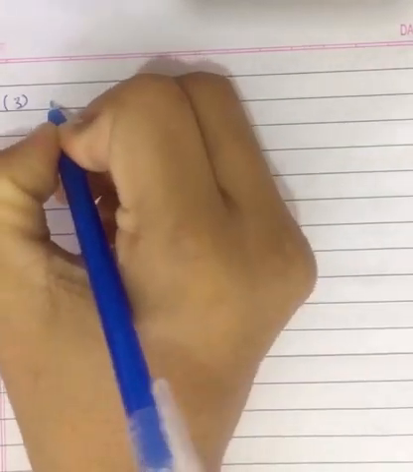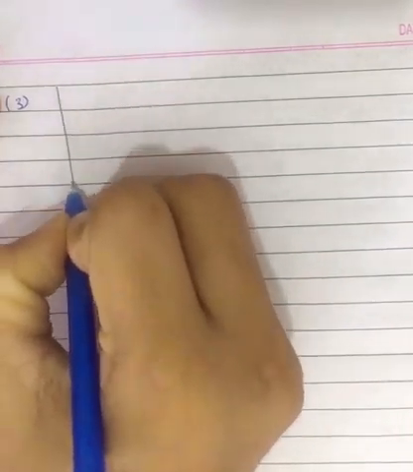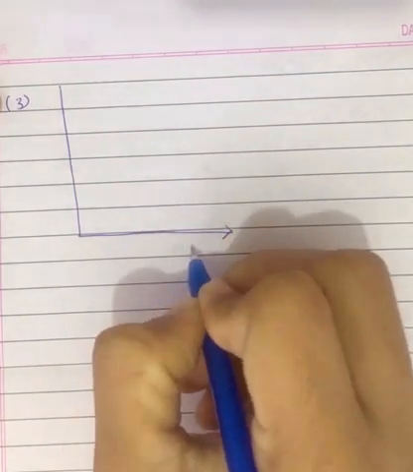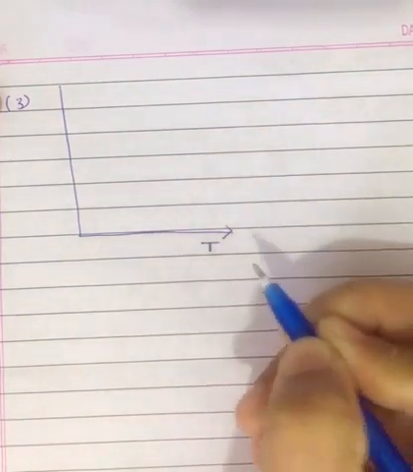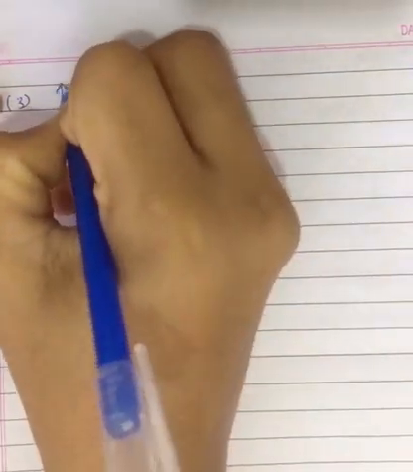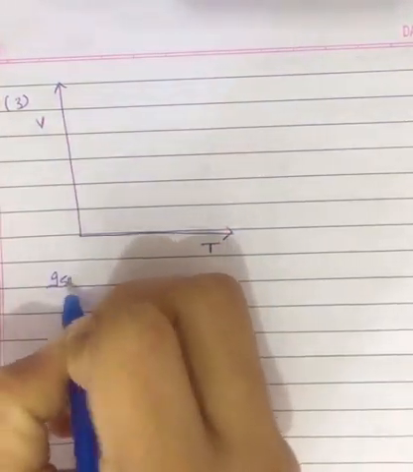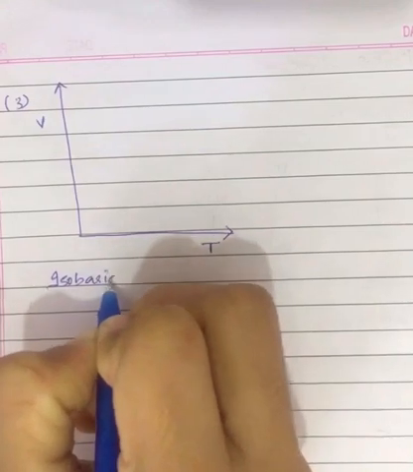Now the third one is the isobaric process. We'll draw the graph along the x-axis and y-axis, where this is the isobaric process.